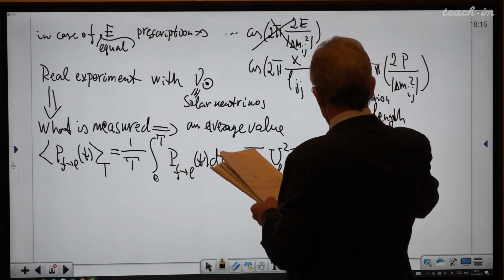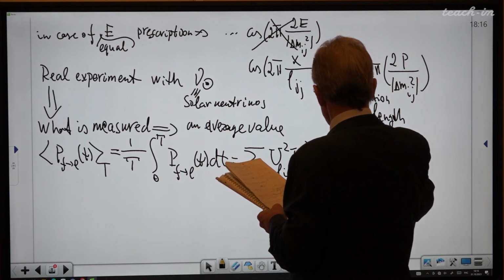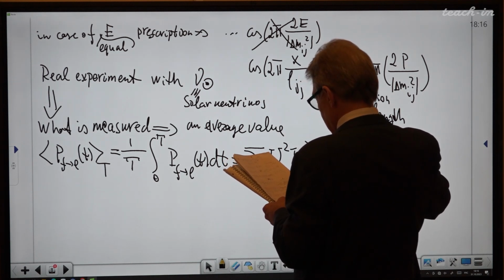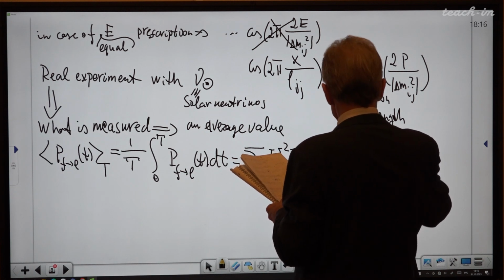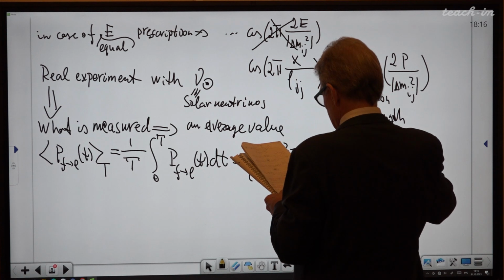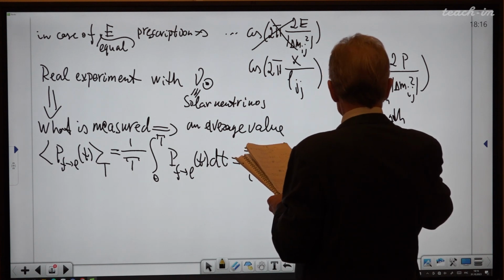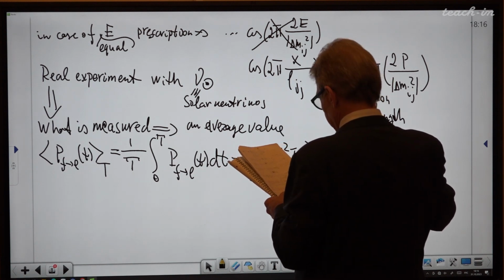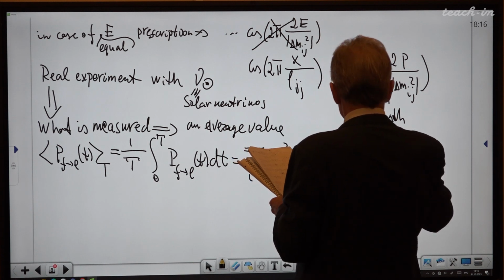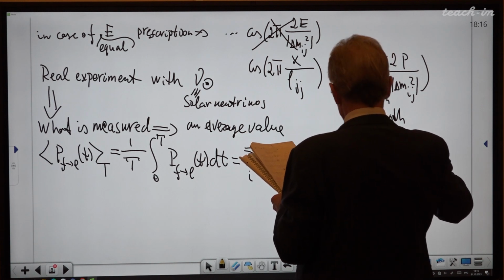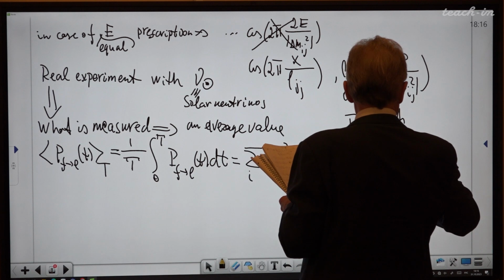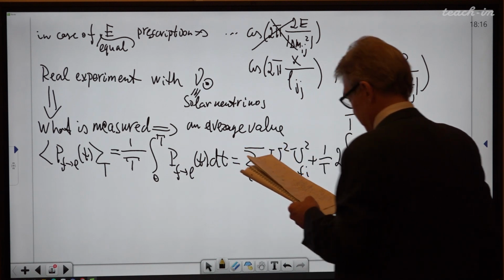Plus 1 divided by t, the integral from 0 to t, the sum over i, and I do not want to write what is here, in the limit t to infinity.